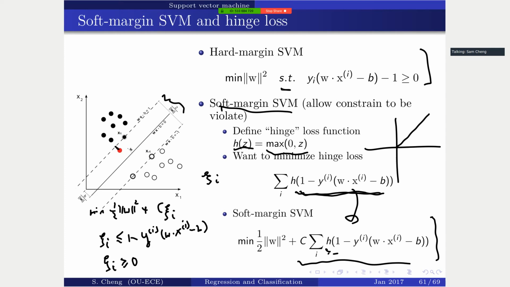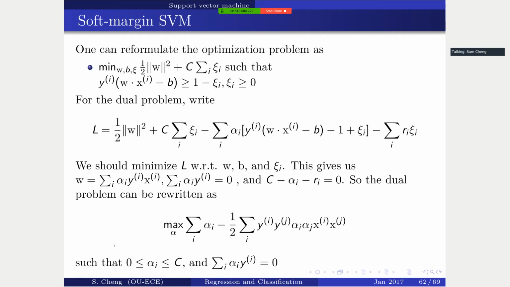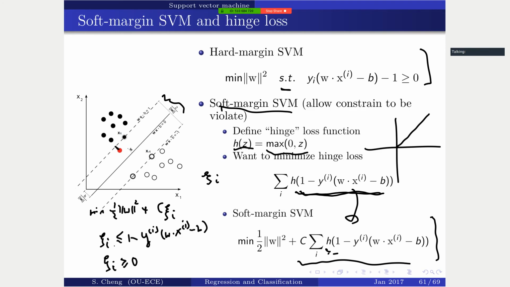I'm using the fact that for this optimization problem, it's quite clear that when I have a choice for ci, let's see, I want to make sure I'm correct. Yeah, I think I'm correct. It makes sense actually.